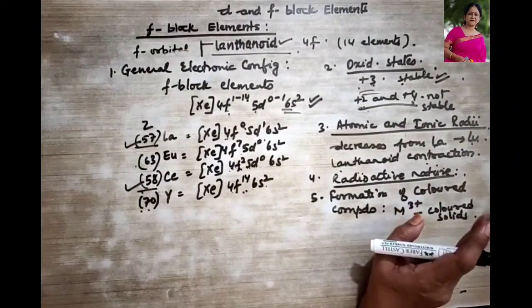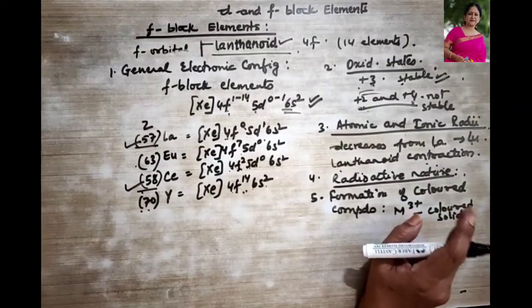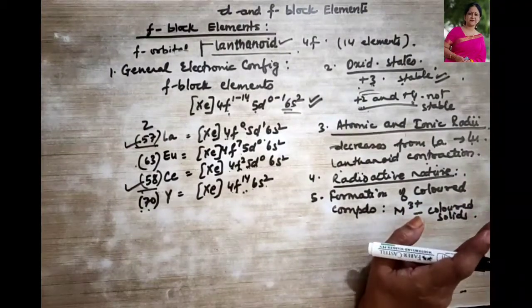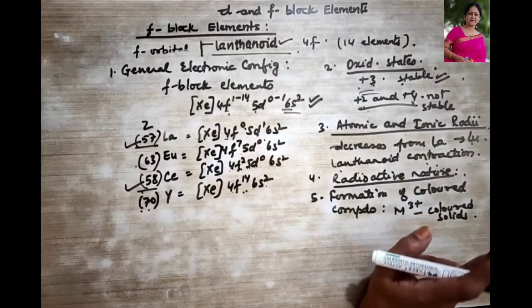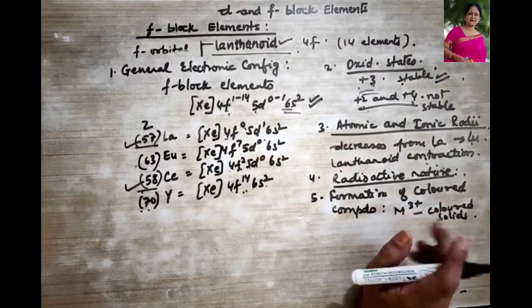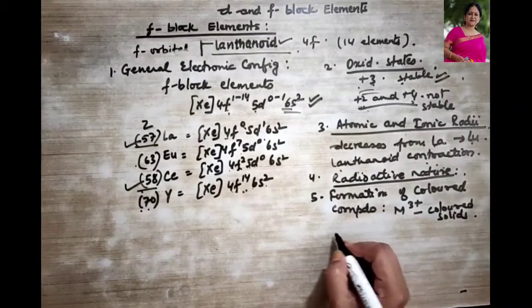So the color of the compounds of members of this series is due to what? The f-f electronic transition, as the f subshells are partly filled. So what is the reason?